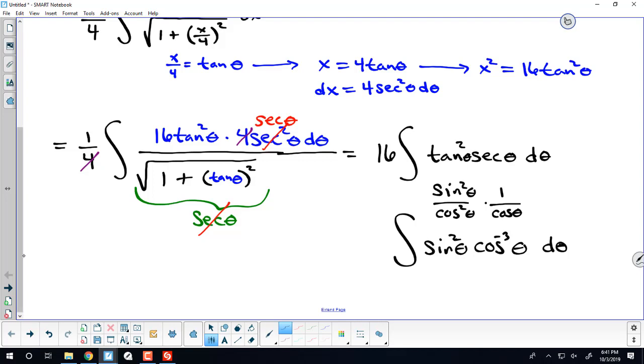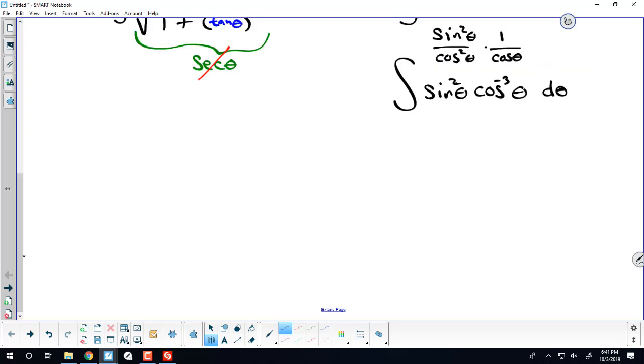Well, the ones we saw in A3, we saw some that were similar to that, something to the effect of cosine to the -3 times sine cubed. So in that instance, we would just split off one sine. Remember doing that? Split off a sine, and then that's U substitution. But we've got cosine that's odd, but it's a negative odd power.